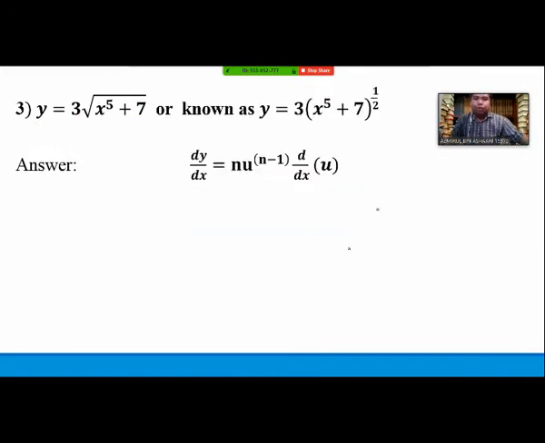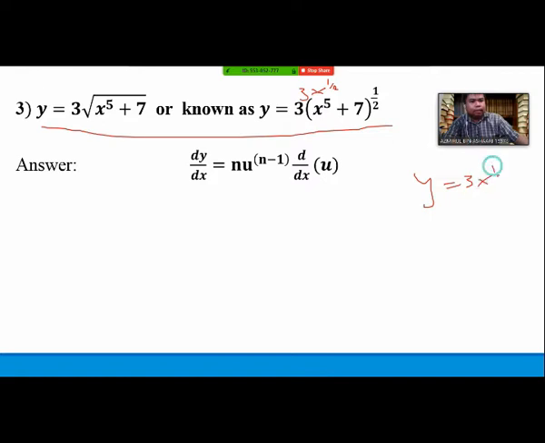Or you can use these techniques. Okay, the same question. You assume this one as 3x power of half. Let's say y equal to 3x power of half.